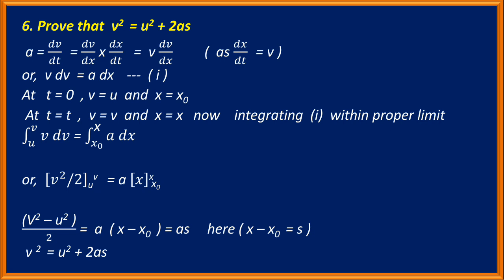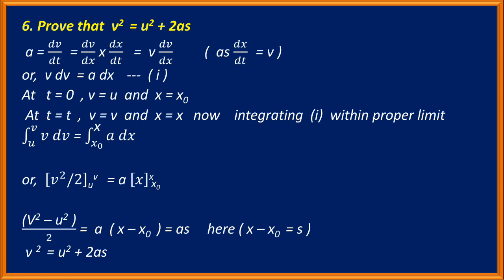So we are getting a equal to v dv by dx, or we can write v dv equal to a dx. This is equation number 1. At time t equal to 0, velocity is u and displacement x equal to x naught. After some time t, the velocity becomes v and displacement x equal to x. Now integrating 1 within proper limit.